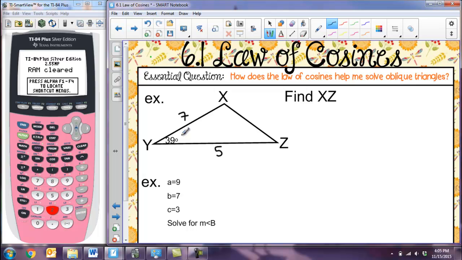Okay, I'm going to go ahead and label that side y, because it's the side that's across from angle Y, so it's little y. So all we have to do here is use that formula.